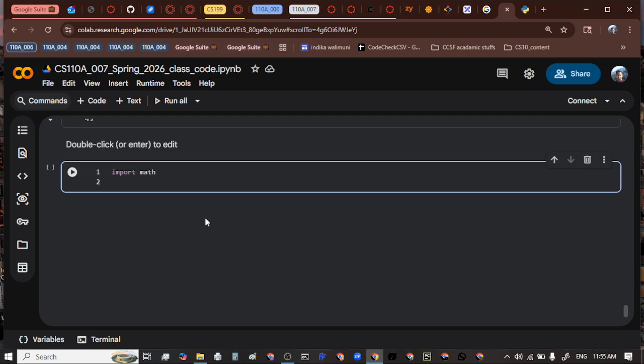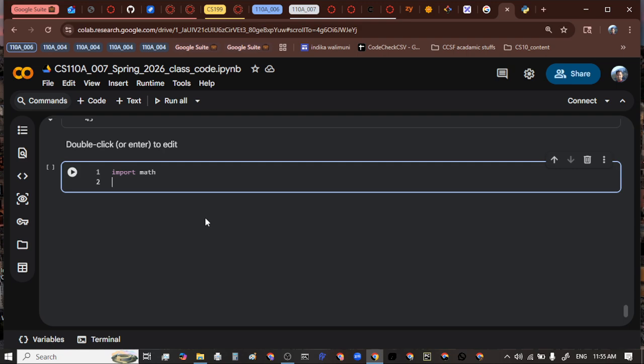But imagine I don't have internet. How can I find out the content of the math module? We learned a function for that, right? It's the dir function, the directory function.